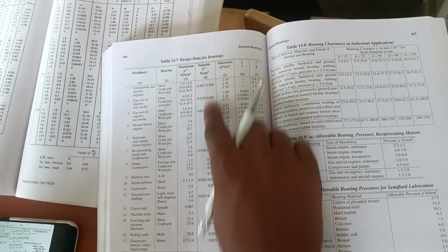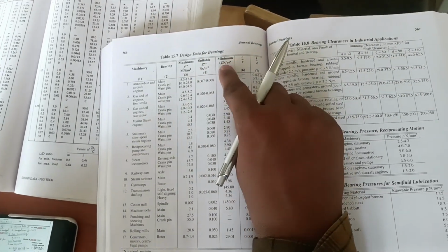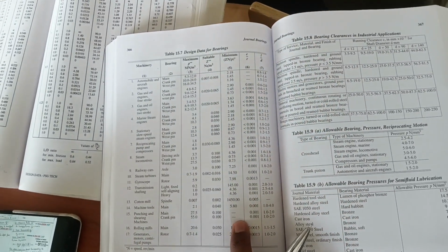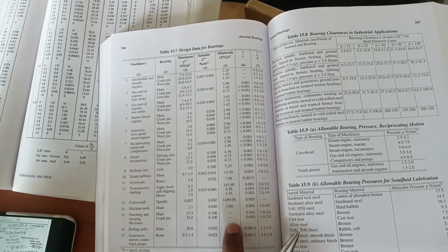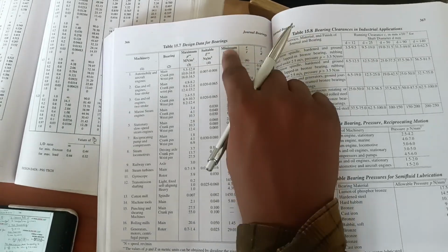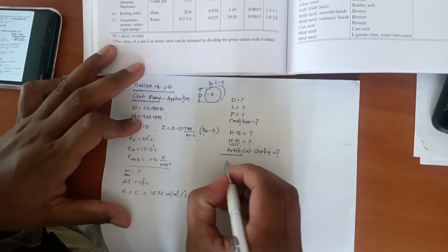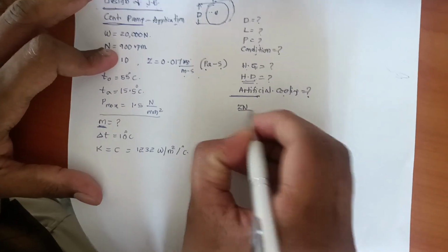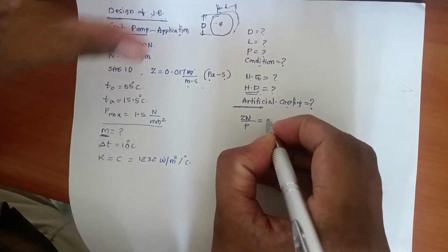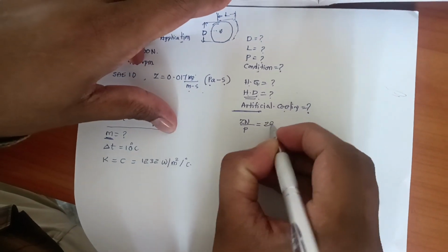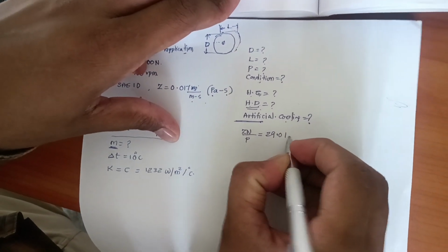After that you have a suitable Zn by P value. Here you have to take the Zn by P value, that is 29.01.